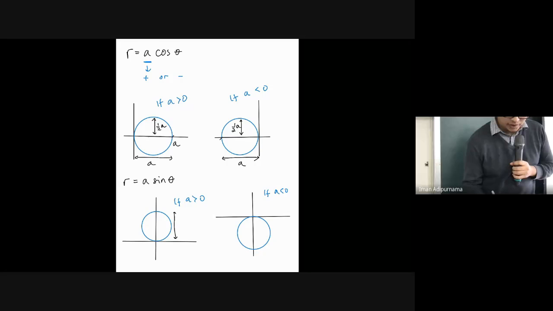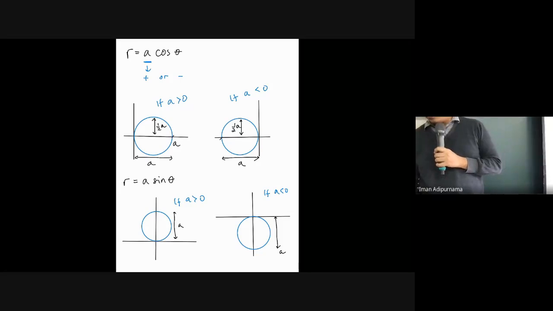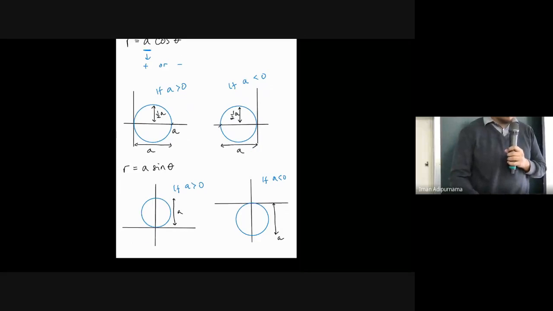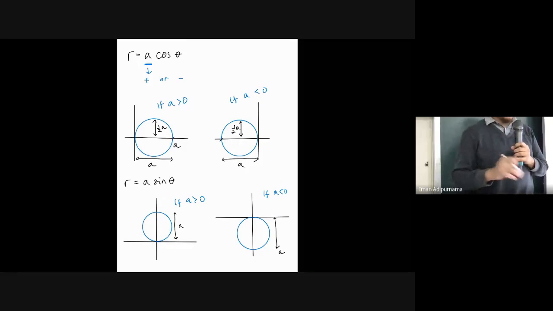And the distance is A. So we start from A cosine theta and A sine theta.